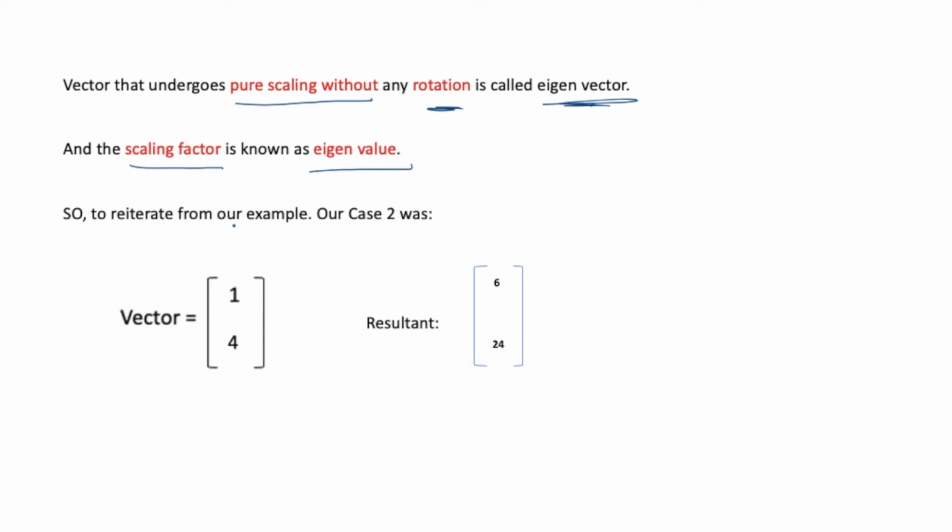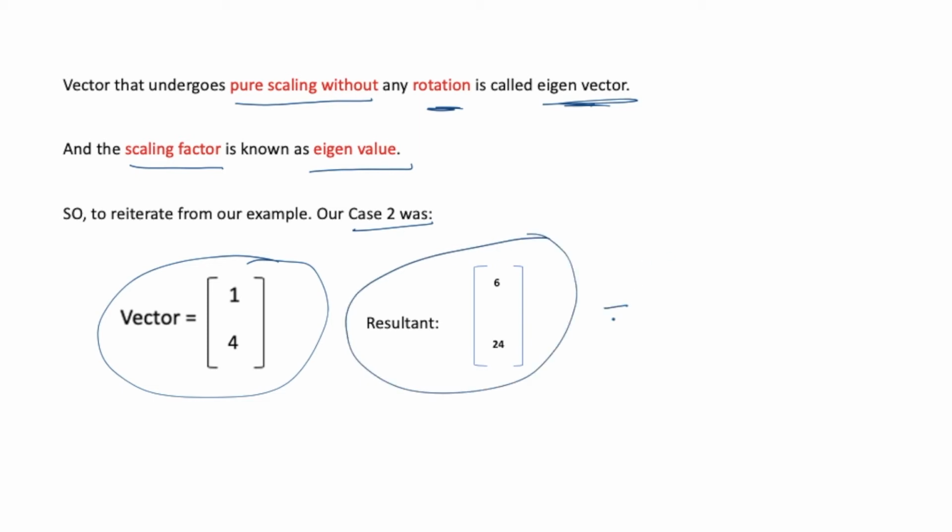Still confused? Let's reiterate with our example. This was our vector in case 2, and this was our resultant. Can I write the resultant in the form of our vector? If I take the 6 as common, I get our original vector. So our resultant is nothing but the scaled version of our own vector.